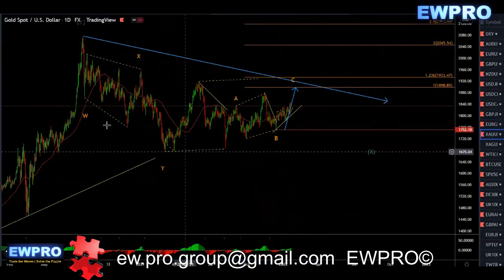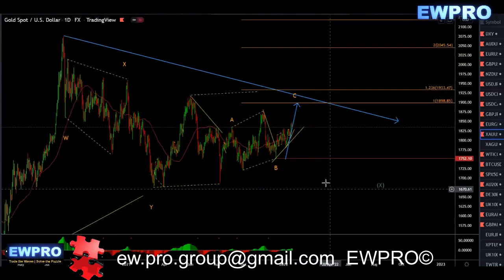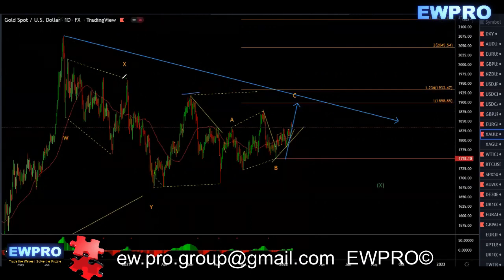Looking at gold, this has become quite tricky as well. We had that bear hidden here, but it never broke the low.